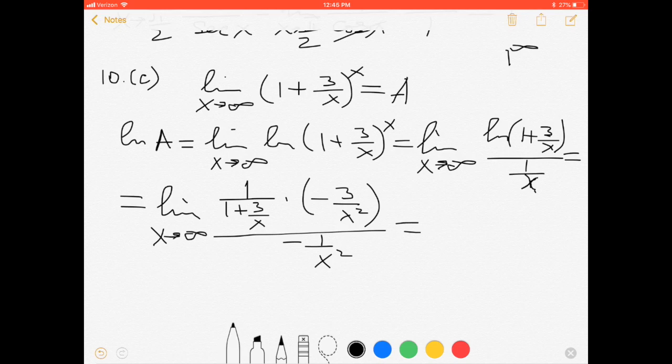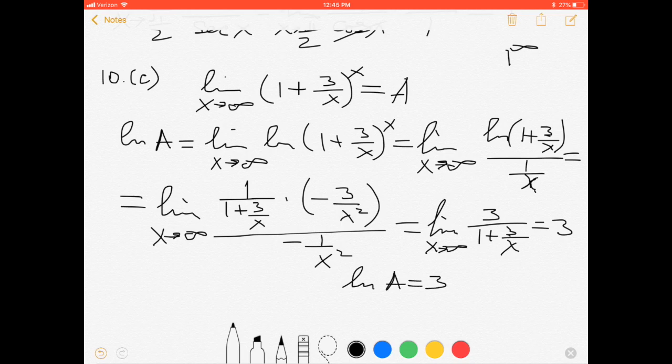If you simplify, it will be 3 over 1 plus 3 over x, and if you plug in x equal to infinity, you have exactly 3. This means the natural logarithm of a is 3 and a will be e to the cube. This means we go back, and our limit that we were asked for will be e to the 3rd degree.